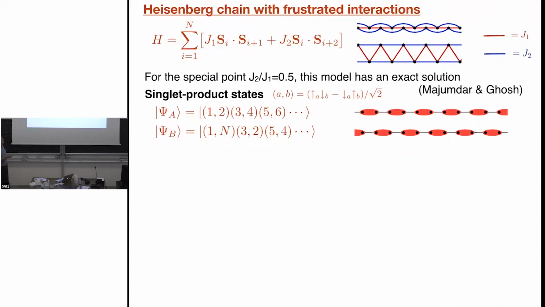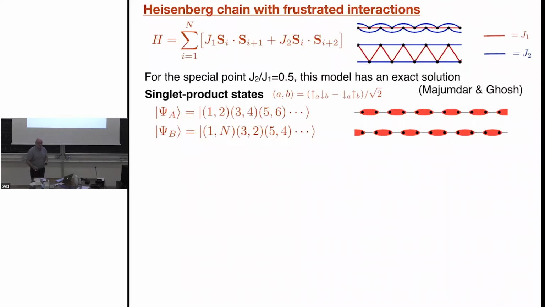And this again illustrates singlets, as I discussed before. It's actually super easy to show that these are eigenstates. They are even eigenstates of just one J2 coupling and two J1 couplings locally, or maybe just one of each, I forgot now, but they are eigenstates of all these local interactions. So it's a very simple ground state.